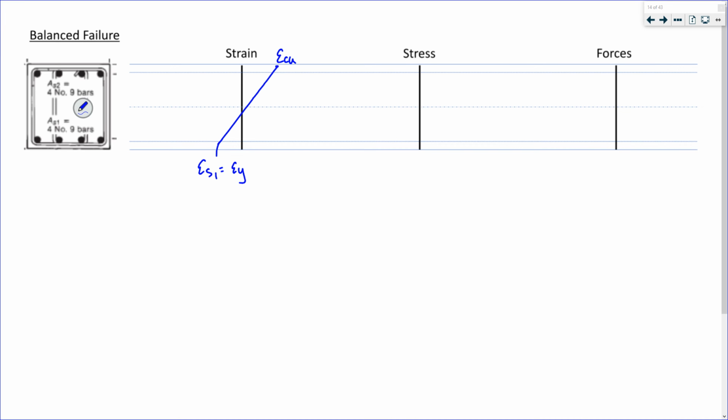So what I have to do now is calculate my c. And it's going to look funny.